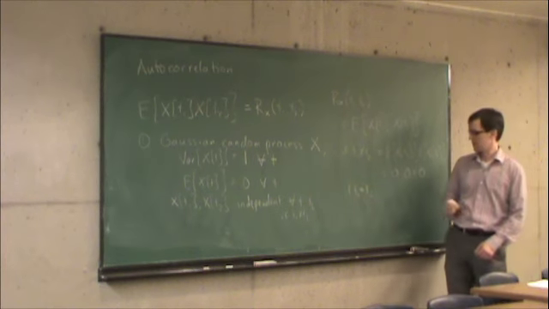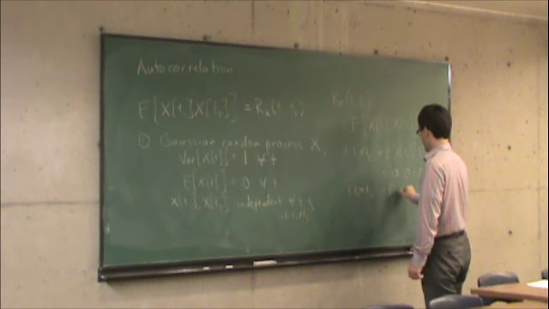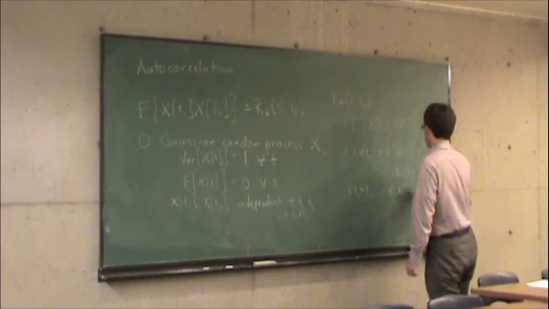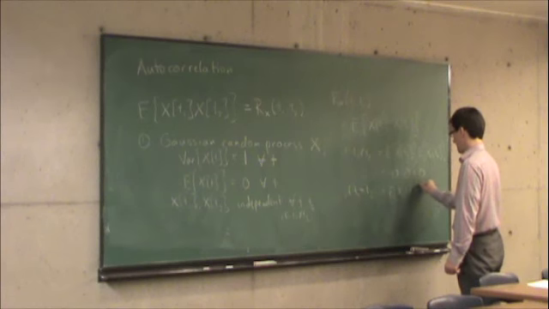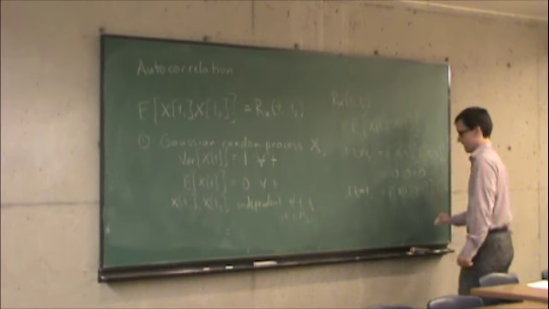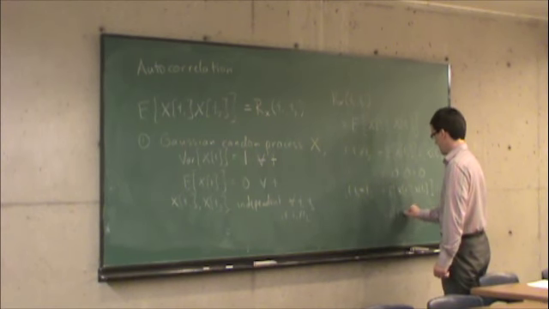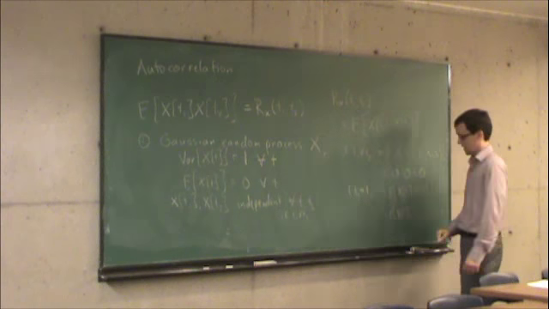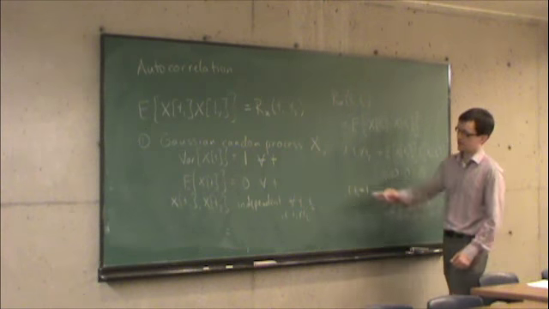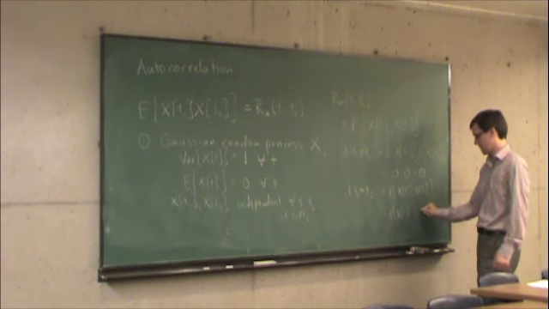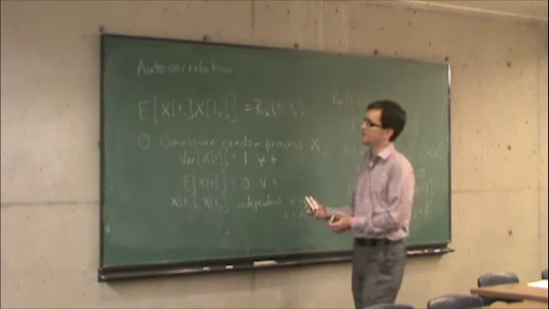So I can substitute t1 for t2, so I have the expected value of x of t1 squared, which is equal to the variance of x of t because the mean is 0. That's equal to 1.